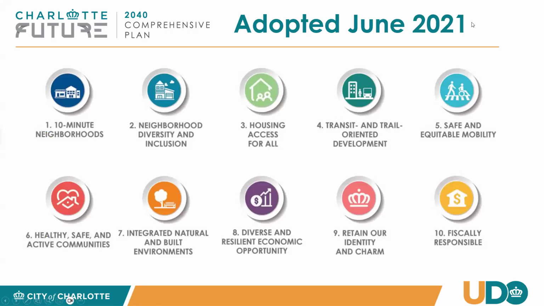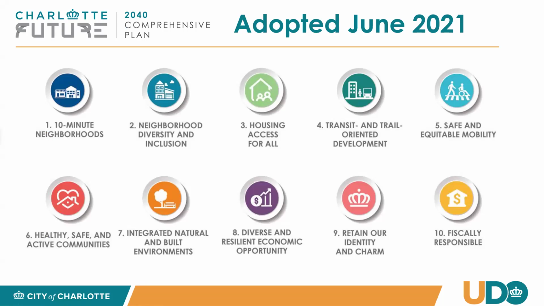So I just want to frame everything, and we talked about this at council on Monday, that all of this work is happening with our adopted Charlotte Future 2040 plan in mind. It's really important to remember that for those of you that were deeply involved in the 2040 plan, that was adopted in June 2021, that there were 10 major goals for that plan.